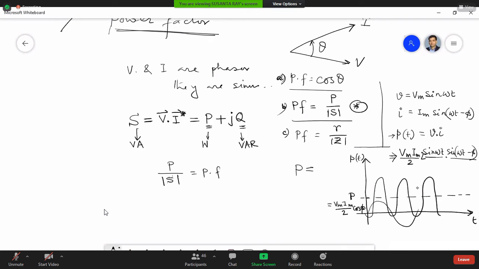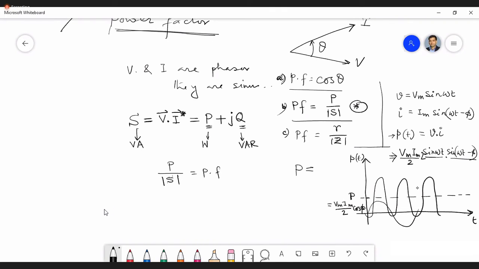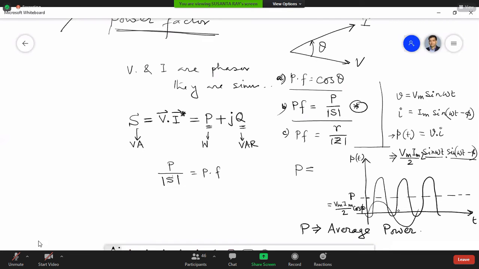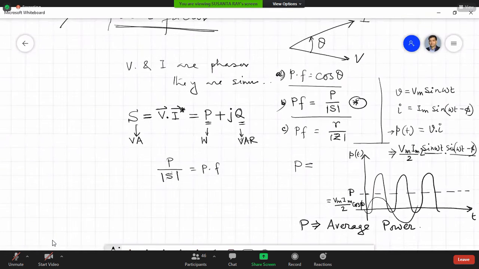If we have the instantaneous power and we take the average of that, you will get the active power. So the active power can also be defined as the average power. So P is also called the average power. Are you getting?